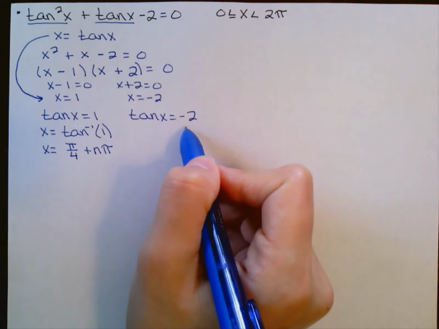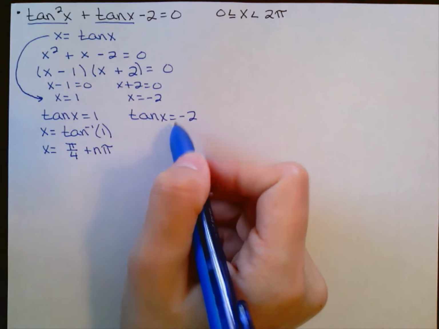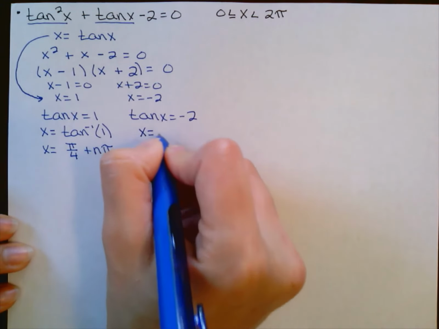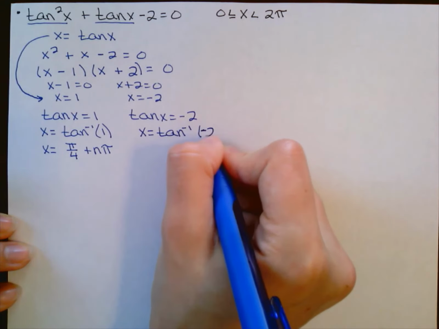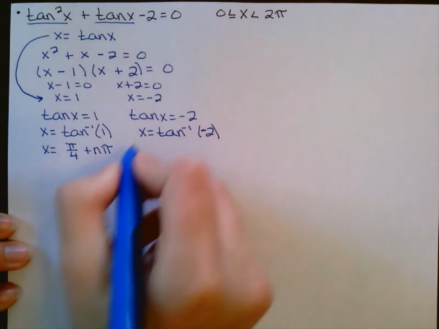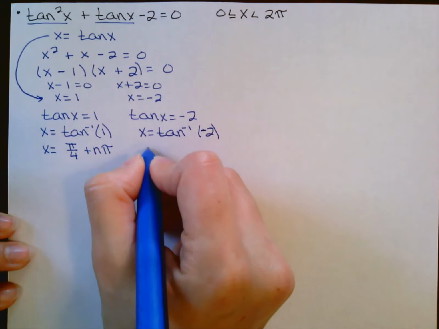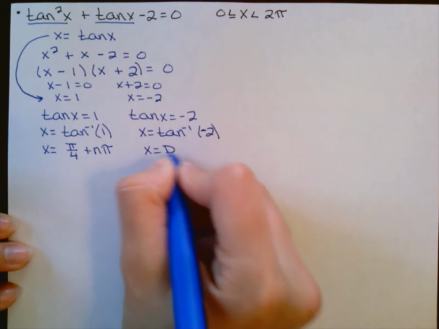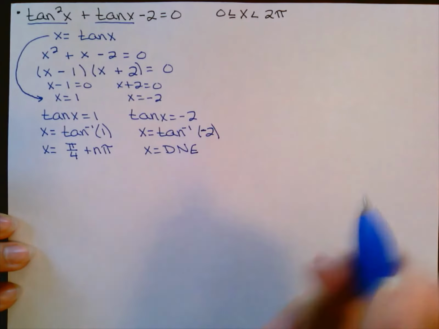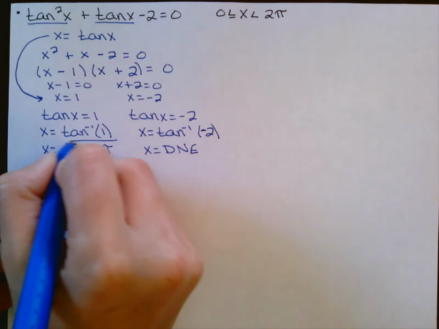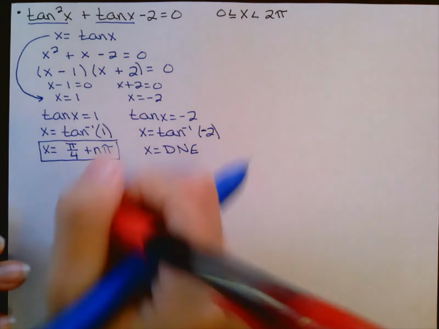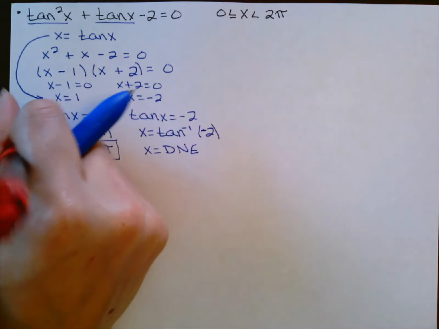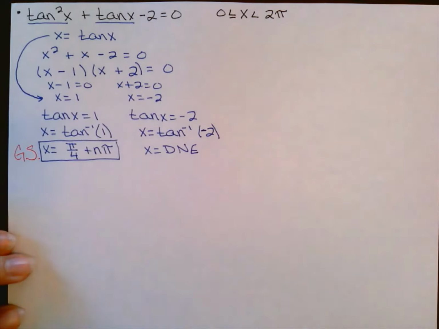It only goes up to positive and negative 1. And if you were to put this in your calculator, you would get an error to confirm it. An error on a calculator means that there are no values that exist. They do not exist. So my only general solution right here is this pi over 4 plus n pi. Okay, that is my general solution.